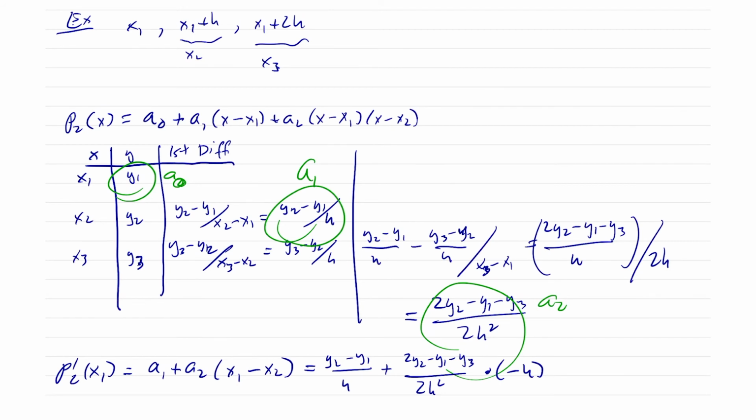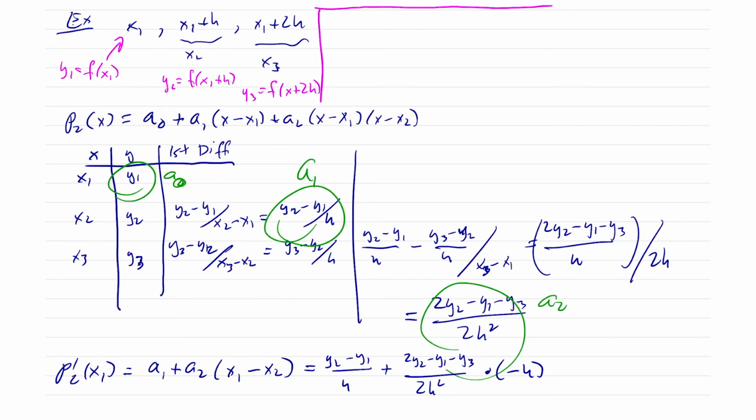Okay, so let's take these to the next, actually we can fill this in up at the top here, so I'll switch to, say, purple. Okay, so doing everything up here, y2 is going to give me f of x1 plus h, y3 is going to give me f of x1 plus 2h, and y1 is going to give me f of x1, right?